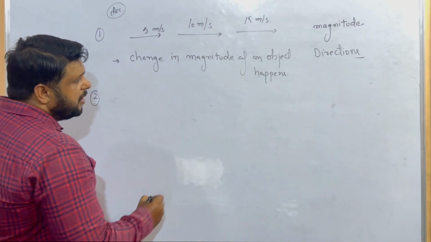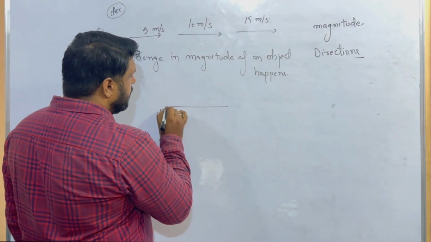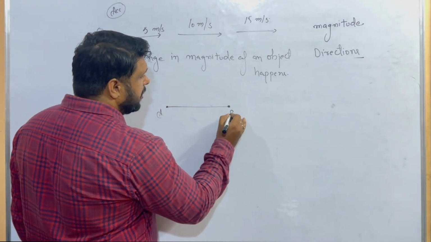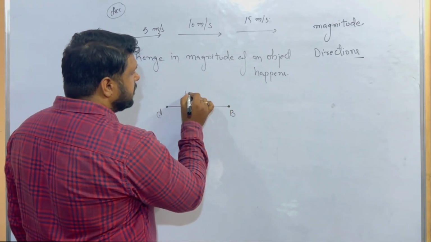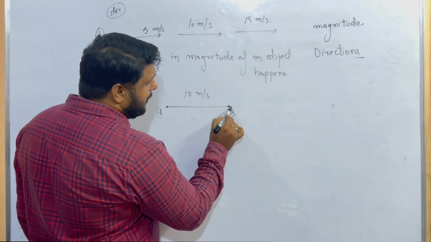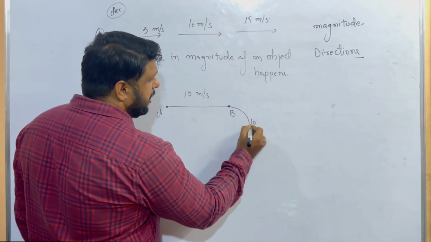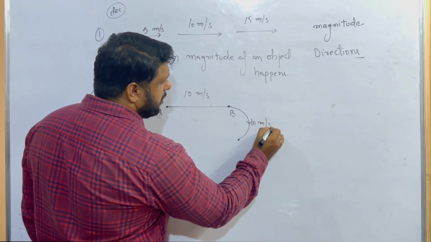Let's say we have an object moving from A to B at 10 meter per second. Now at B it takes a turn like this. Here its velocity was 10 meter per second.